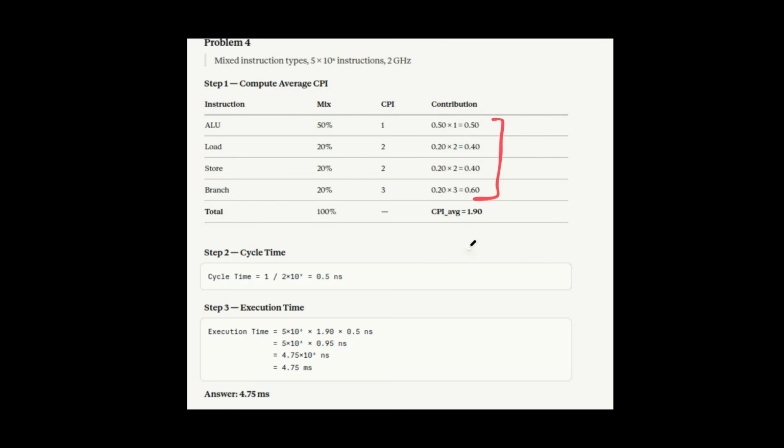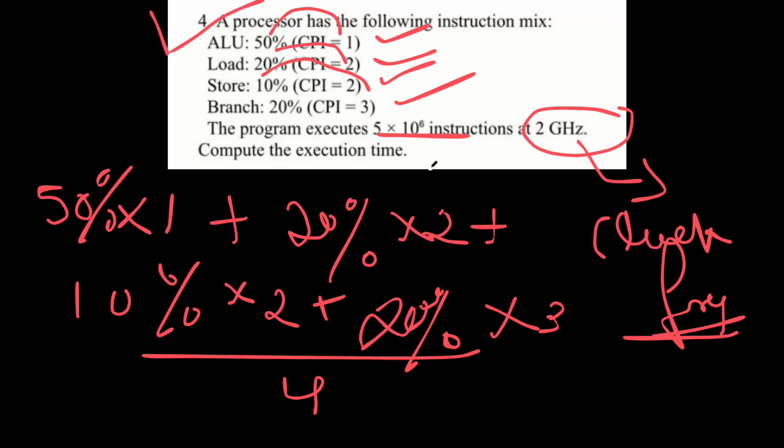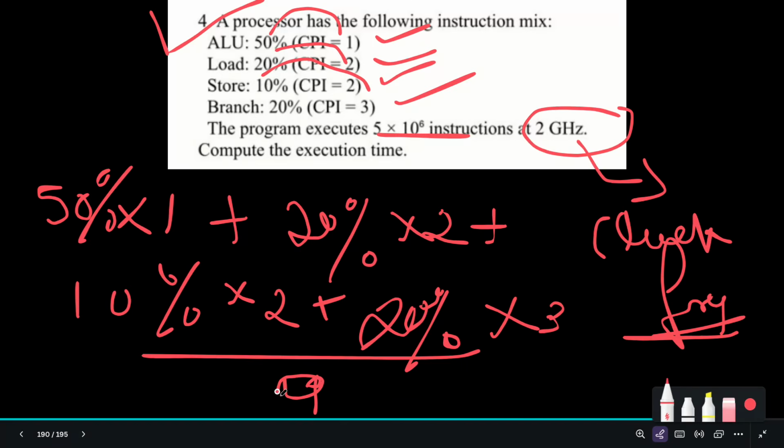Understood? So I will tell you: 0.5 plus 0.4 plus 0.4 plus 0.6, you will get 1.9 total.